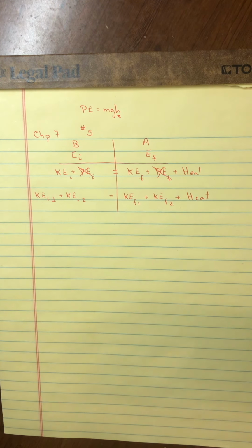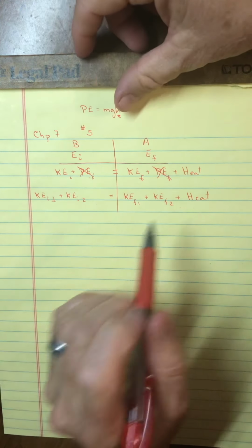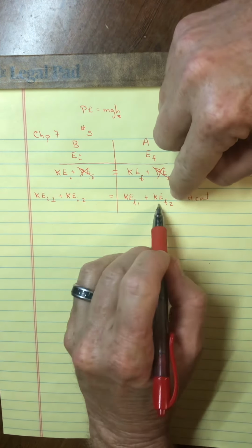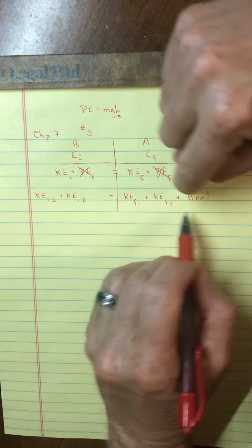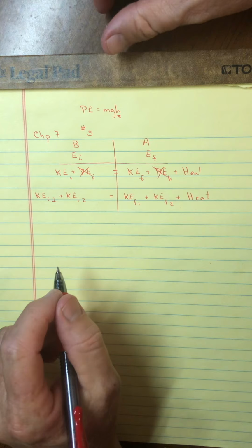And since we have a collision, they definitely rub and hit, and there's going to be some heat here. And that's what they're really saying. How much lower is this compared to this? That's really how much heat is created.